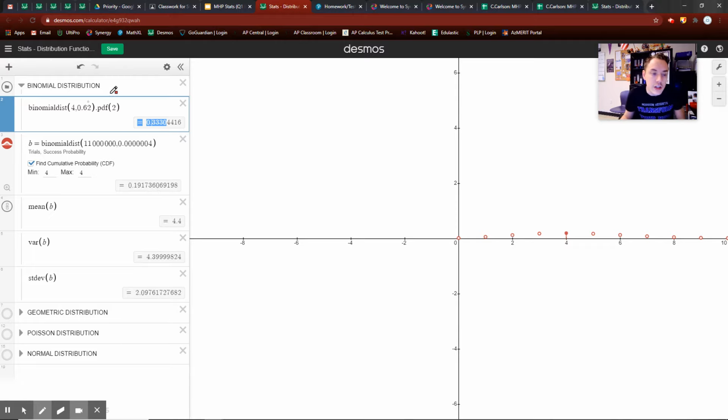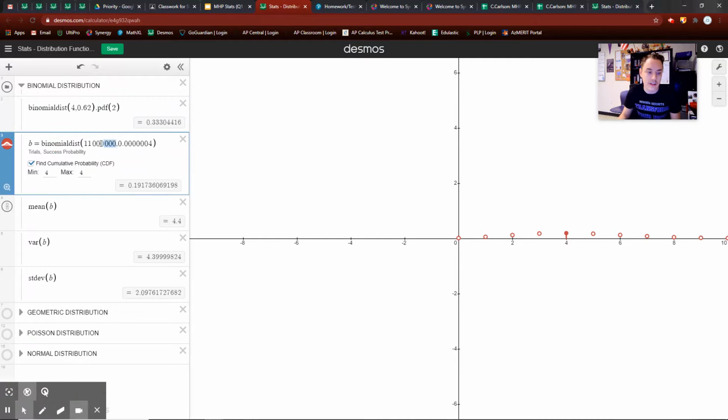Now, I'm not going to use the PDF right here. I'm going to be using the CDF, cumulative probability, because I want to add them. Cumulative means add. So now what do I have to do? Well, I have to adjust some things, of course. Clearly, this is not 11 million, so I have to change it to my n, which is 4. And then I need to change this probability to 0.62.